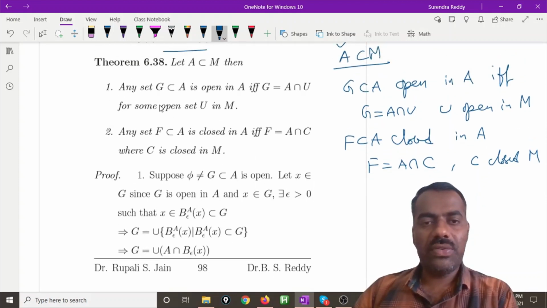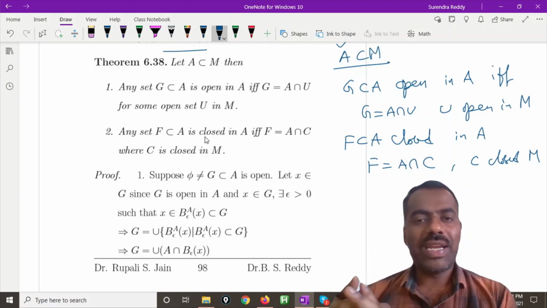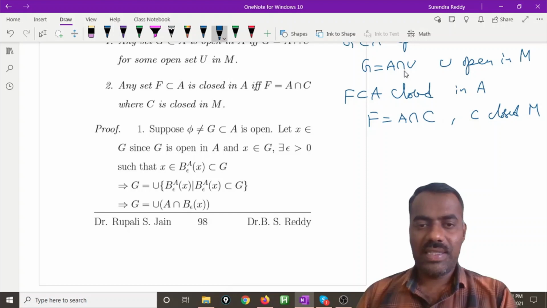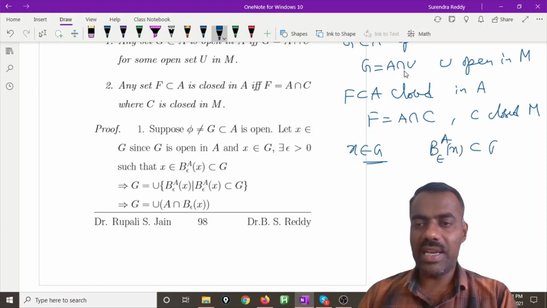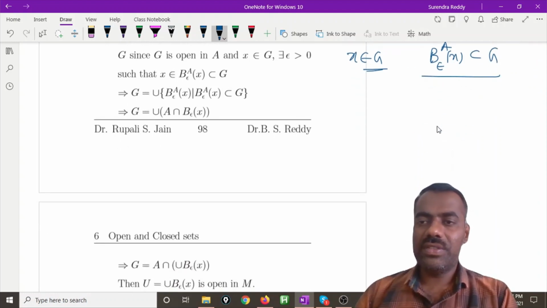Suppose you start with G. I'll explain the first one; you can do the second similarly. So start with G, a non-empty open set. We want to write G as A intersection U. Because this is non-empty, take x in G, and G is open in A. That means there exists some radius epsilon such that B(x, epsilon) intersect A is contained in G, and we have proved a result saying that G can be written as a union of such balls.